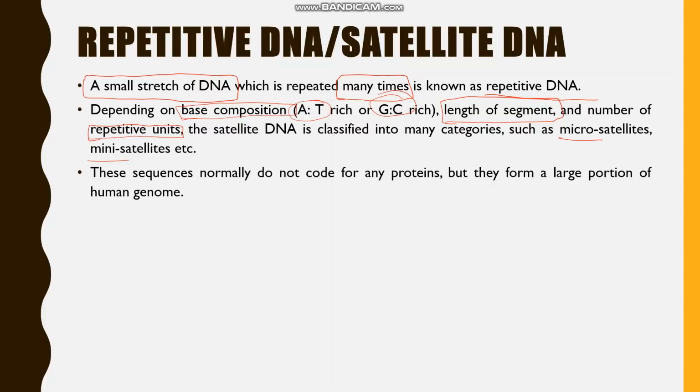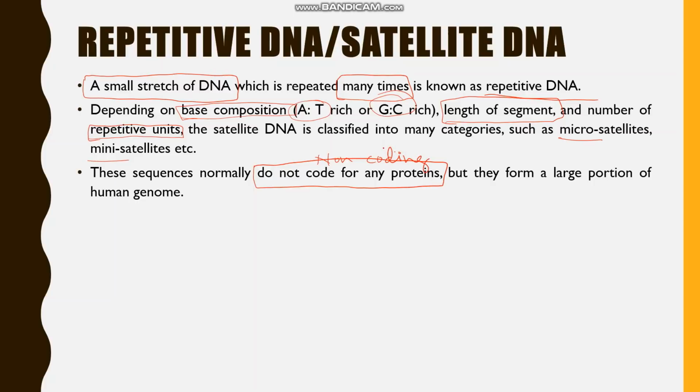Now, these sequences normally do not code for any proteins, but they form a large portion of the human genome. So this is a very important feature. This repetitive DNA will not code for any proteins. So this is the non-coding sequence. Already we discussed the Human Genome Project.